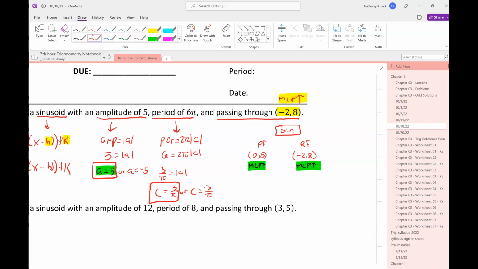Everybody's okay there? Since the x-coordinate of our parent function is 0, the x-coordinate from our resultant function needs to be our h. Similarly, since the y-coordinate of our parent function is 0, the y-coordinate from our resultant function has to be our k.